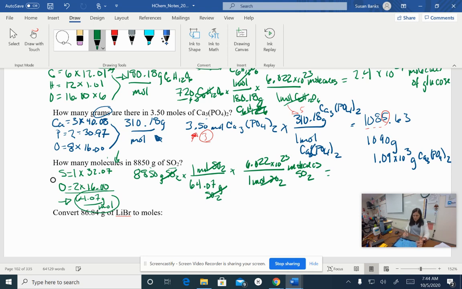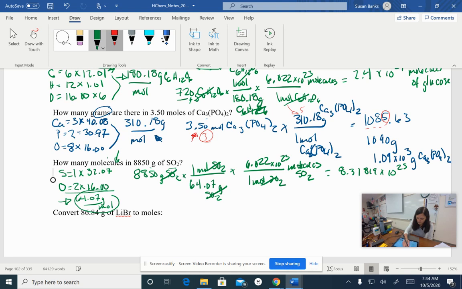So we're going to multiply 8,850. We're going to divide by 64.07, and then we'll multiply by Avogadro's number, or 6.022. Now, when we do this, our calculator spits out 8.31819 times 10 to the 25th.